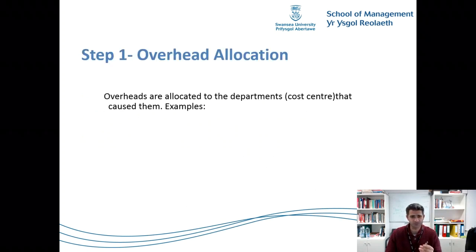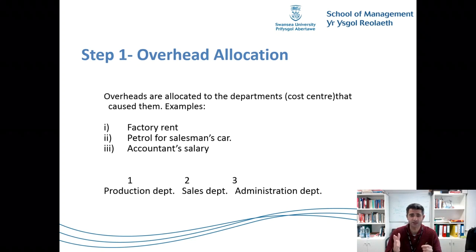Very simple, very easy, in that overheads are allocated to the departments that cause them, right? What really caused them, we allocate them. For example, a factory rent. There is a factory and we pay rent. So this rent is caused by which department from the following?